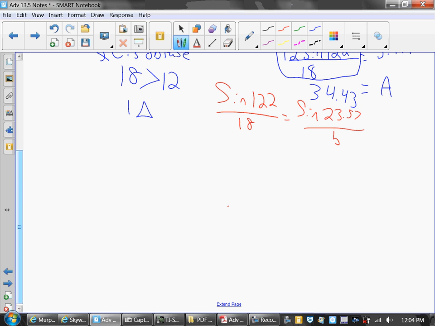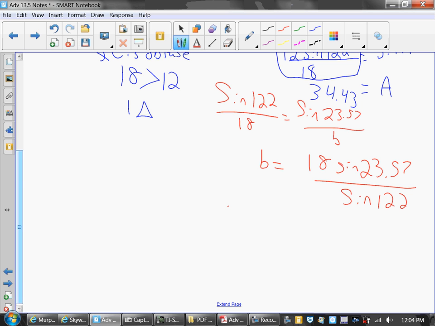No, I just rewrite it, because now you're rounding. It's okay. So remember, when you get this far, you wind up with B should equal 18 sine of 23.57 over the sine of 122. That should give you the value.